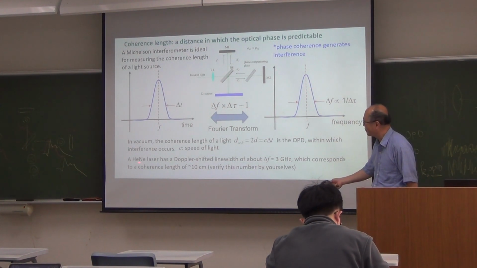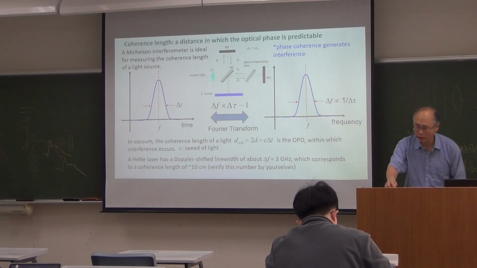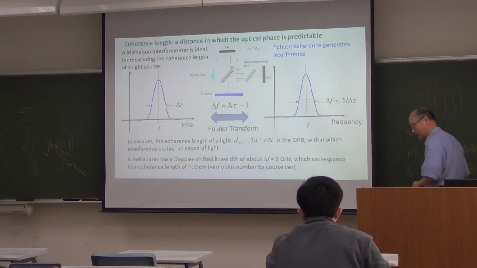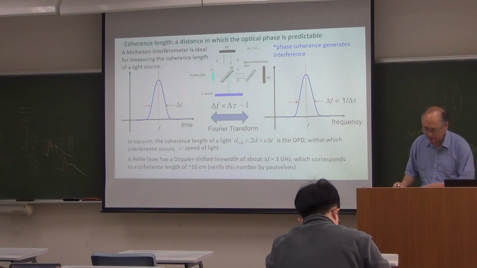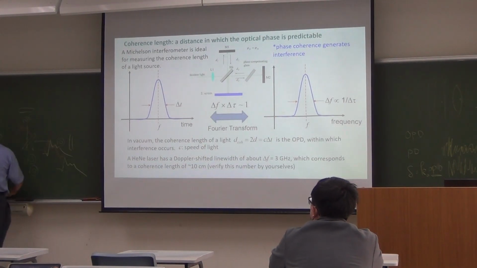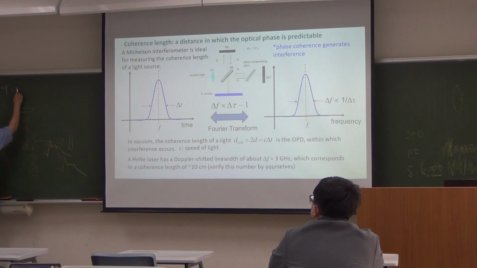For example, if you have a helium-neon laser, it's a laser. The frequency line width is 3 GHz. Okay, then we can do the calculation. We have delta F equal to 3 GHz.